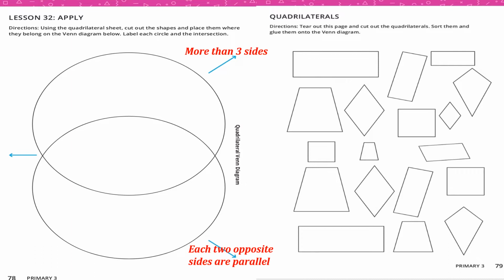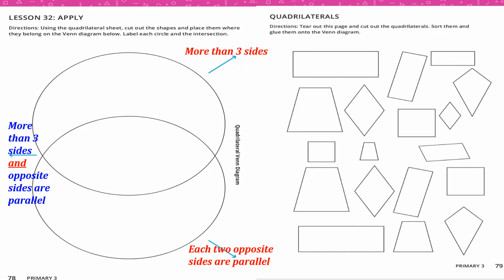Intersection means it's the space we will put the shapes that follow the first attribute and the second. It means we will put in the intersection area the shapes that have more than 3 sides and also opposite sides are parallel. So I will put here the shapes which are common between these 2 circles.